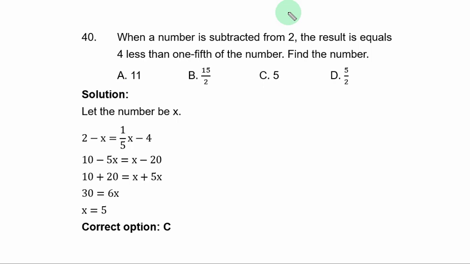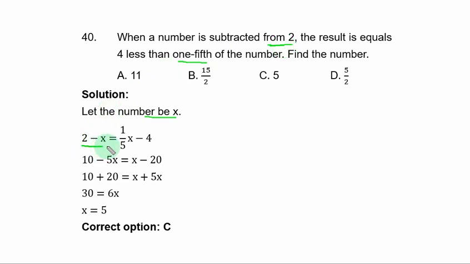Question 40. When a number is subtracted from 2, the result is equal to 4 less than 1/5 of the number. Find the number. Let the number be s. From the first statement, the number is subtracted from 2.